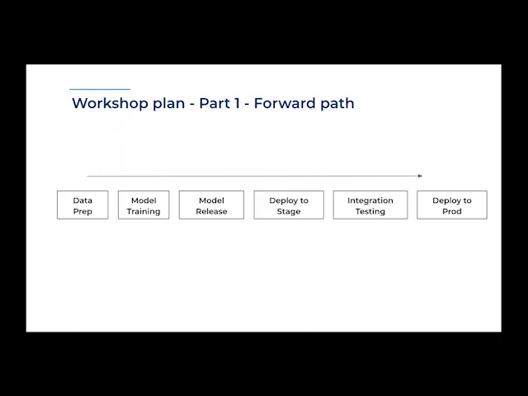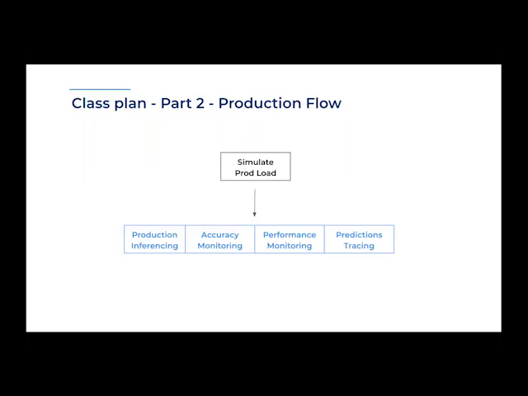So, switching to practice. In the first part, we will implement the forward path: data preparation, model training, model releasing, deploying to prod, integration testing, and deploying to production, that pipeline. Then we will simulate production workload, so basically send some traffic and see how our model behaves in production.